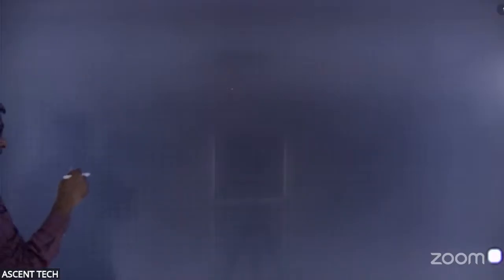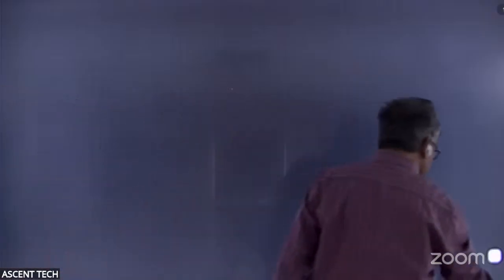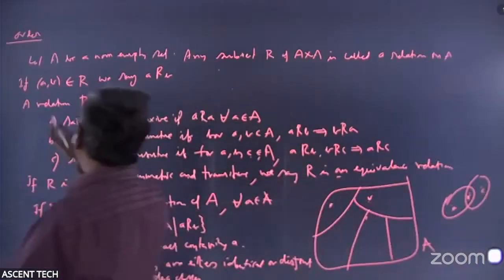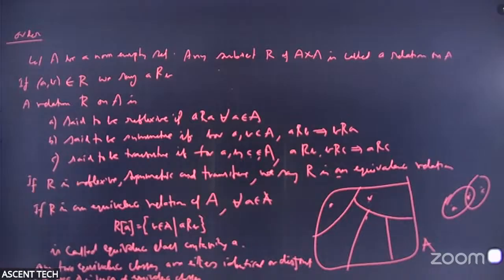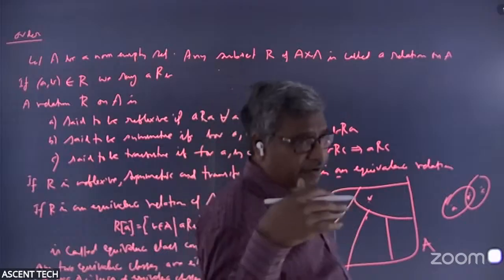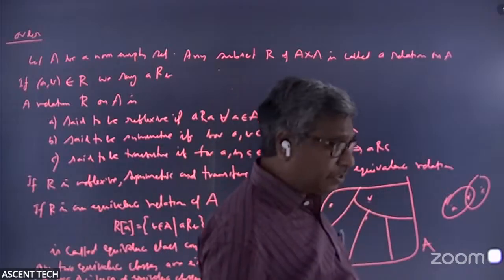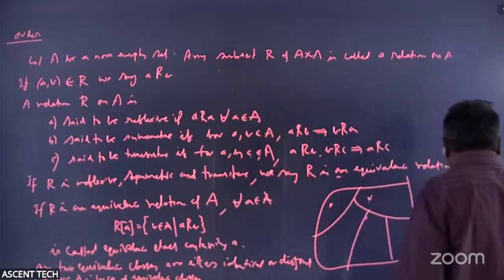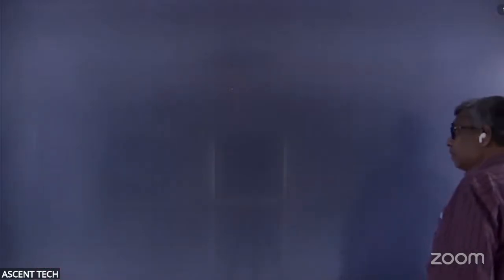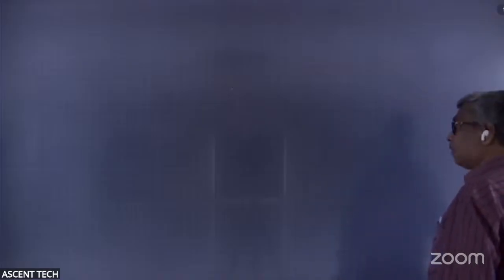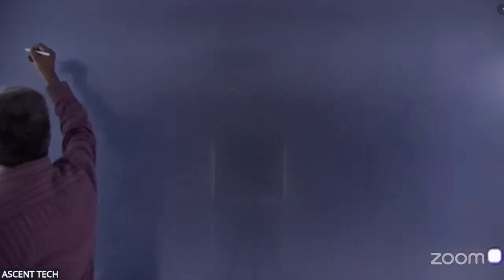So going back, I have not said anything about order here. I just talked about relation. A particular kind of a relation, which is anti-symmetric, is what is called order. Okay, so here is the order.